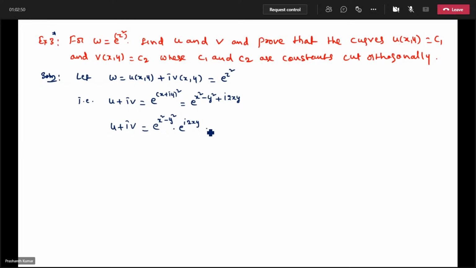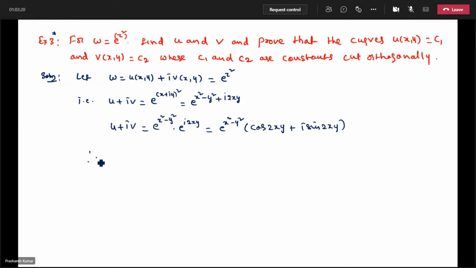Therefore, this is equal to e to the power of x square minus y square into, with theta as 2xy, cos 2xy plus i sin 2xy. This is the way I am writing.